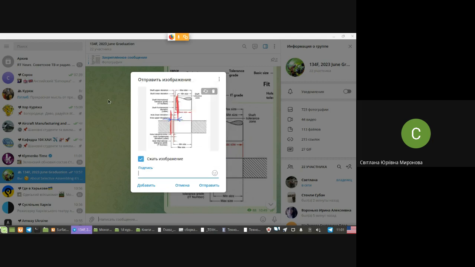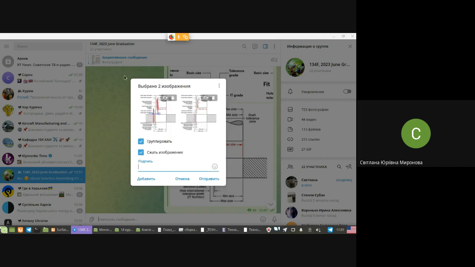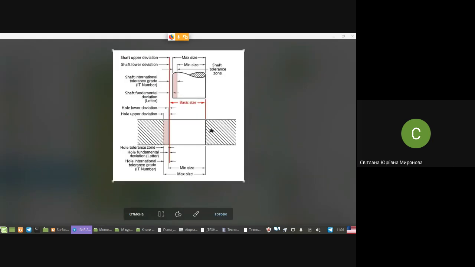And once again, what is the possible minimum case when we have the minimum hole size and the maximum size of the shaft?